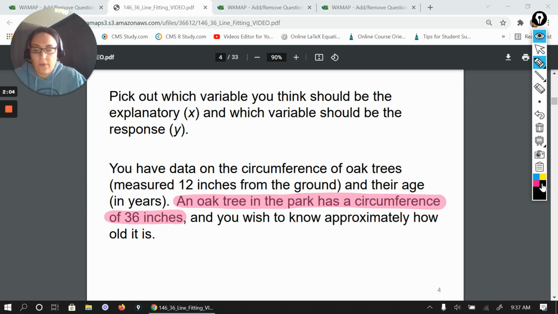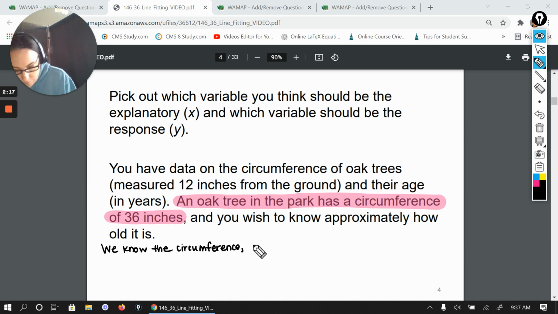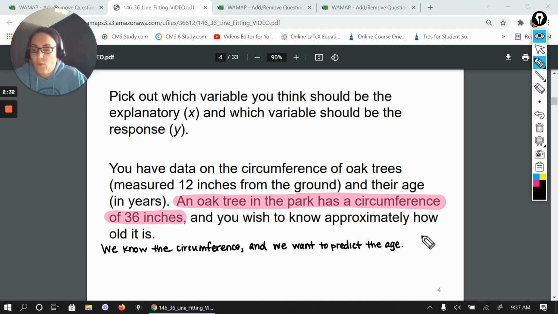So we know the circumference and we want to predict the age. The thing that we are trying to predict is the response variable.